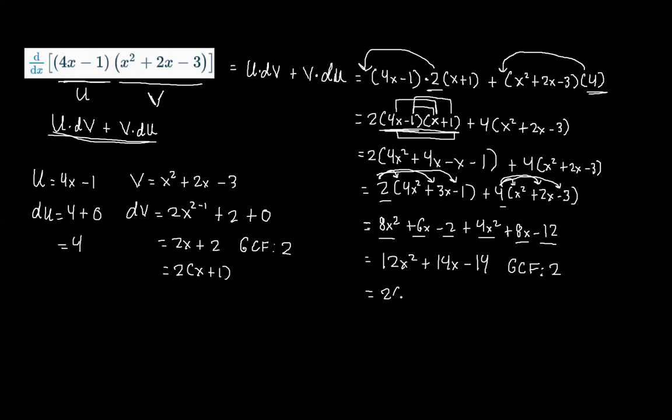So this would be 2 times quantity 6x squared plus 7x minus 10. So this is your final answer. See? It's up to you guys. You can just use the first method, expansion, or you can simply use the product rule. It's your choice.